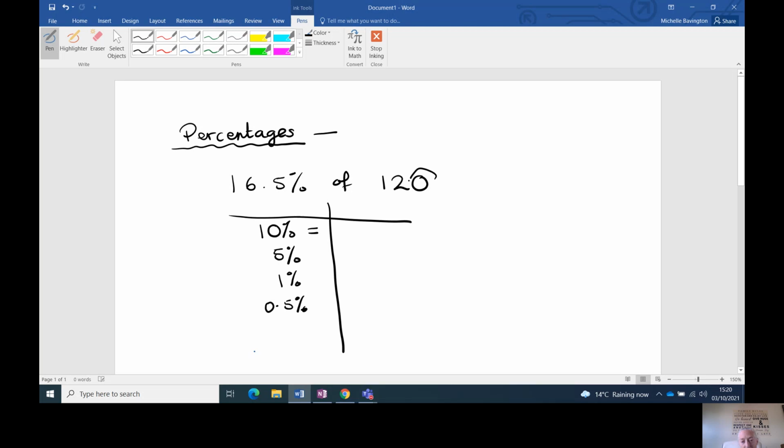Well, the 10 is 12. The 5 is half of that, so 6. 1 is my 2 jumps, so £1.20, and half is half of £1.20, which is 60p. That's £19.80.